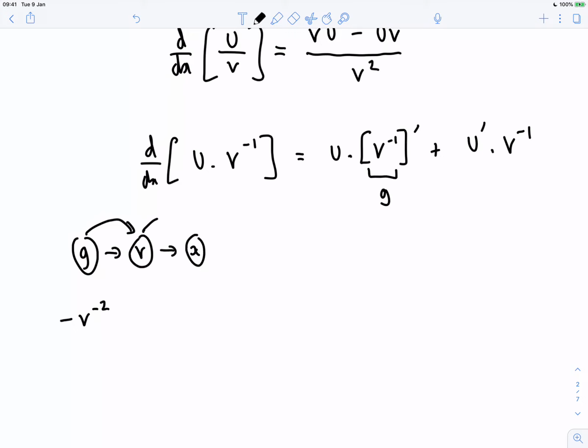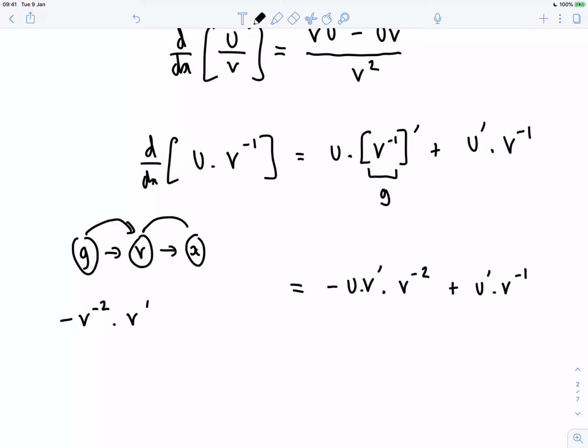Then I times it by dv by dx, which is, of course, v dashed. And now look what happens. This becomes minus u times v dashed times v to the minus 2, and then plus u dashed times v to the minus 1.